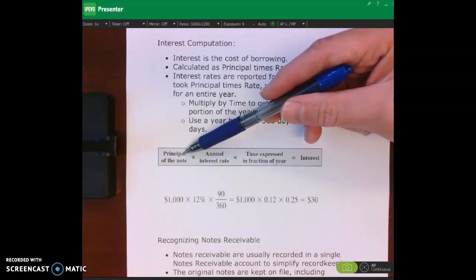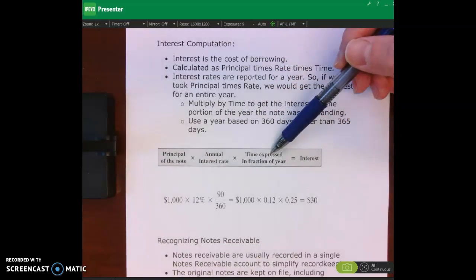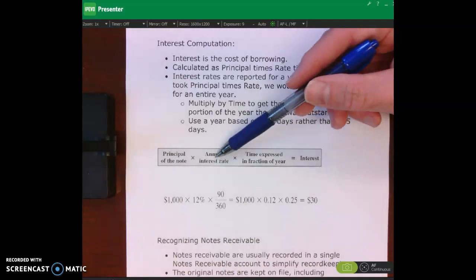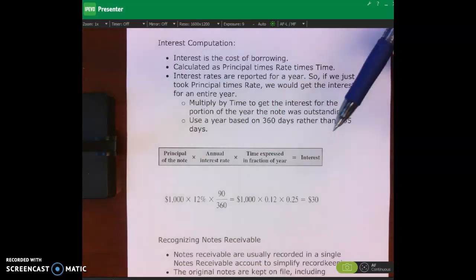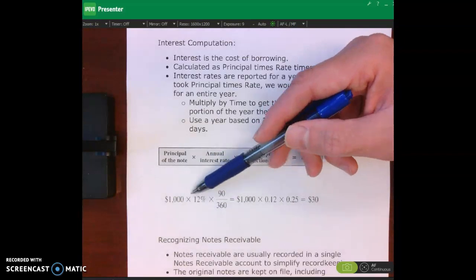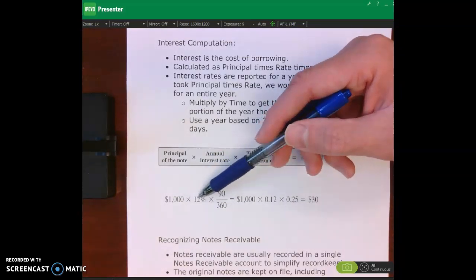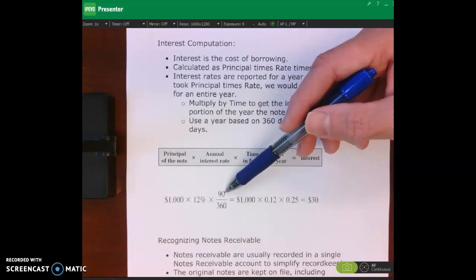We take the principal of the note times the annual interest rate times the fraction of the year, because remember, that interest rate is stated on a yearly basis. So for this Julia Brown promissory note that we just talked about, that $1,000 at 12%, if you multiplied 1,000 times 0.12, that would give you the interest for the full year. But remember, she gave it to us only for 90 days.